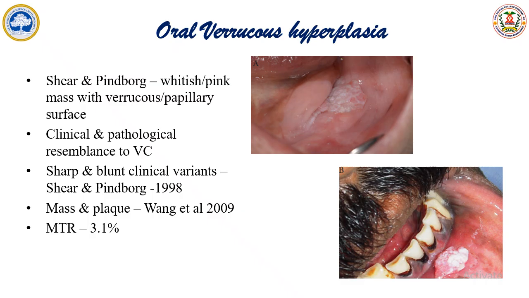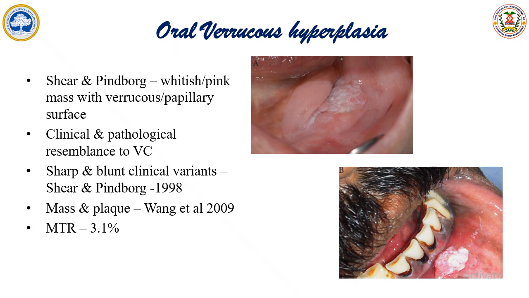Next, it is one of the important verrucopapillary lesions: oral verrucous hyperplasia. The sequence is hyperkeratosis, verrucous hyperplasia, then your verrucous carcinoma, then comes your squamous cell carcinoma. Between your verrucous hyperplasia and your verrucous carcinoma, you have another entity called verruciform carcinoma, recently added. We'll be discussing that.